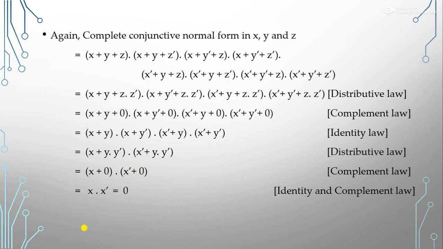And x into x dash is equal to 0 by the complement law. So we can see this is the 0 element of the Boolean algebra, which means our complete conjunctive normal form is equal to 0 for 3 variables, and this is always true.